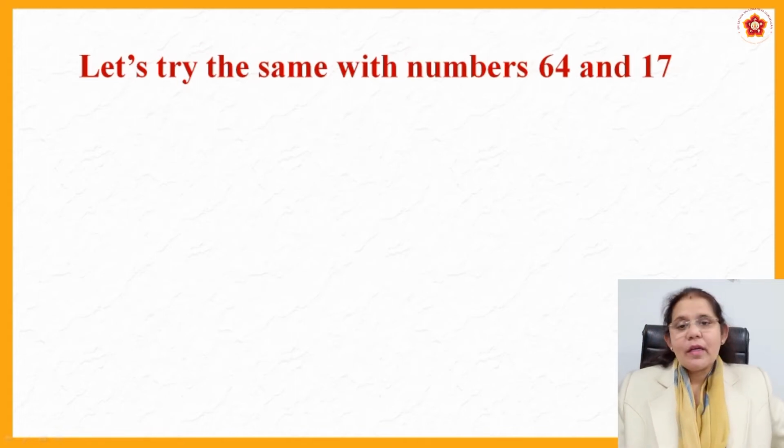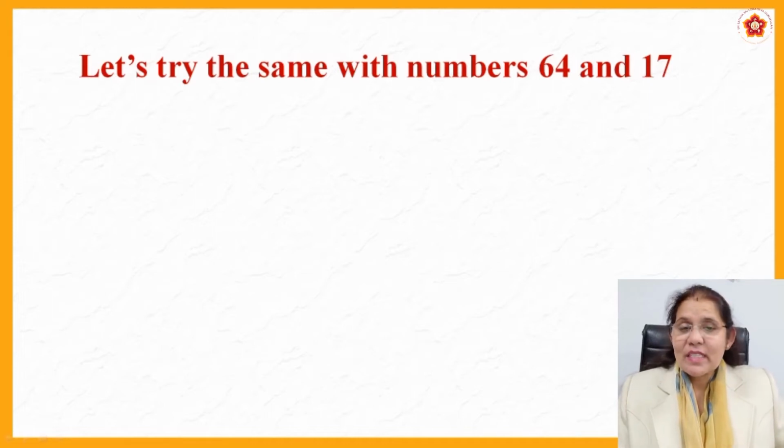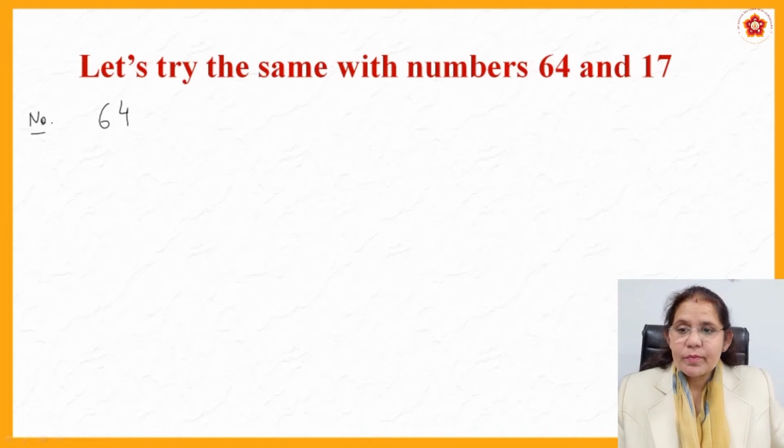Let's try the same trick with some other number and see whether it is applicable to other 2-digit numbers also or not. If the number is 64, on reversing it, we get 46. Next was add these two.